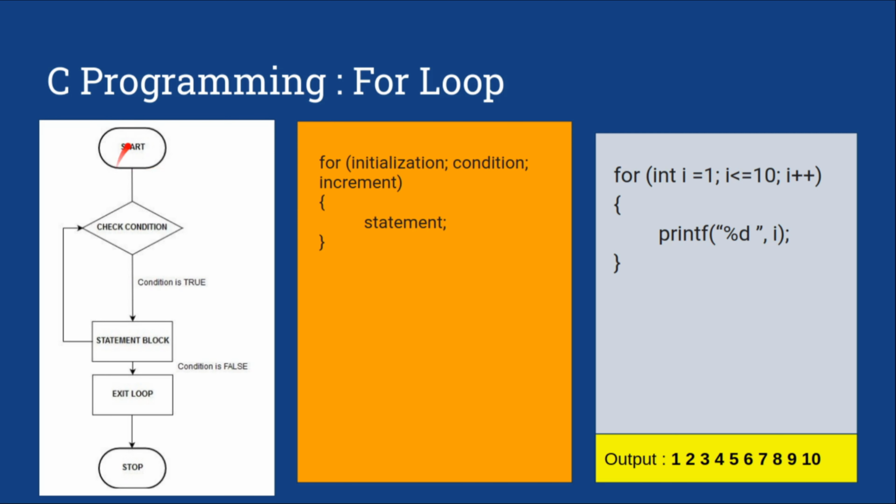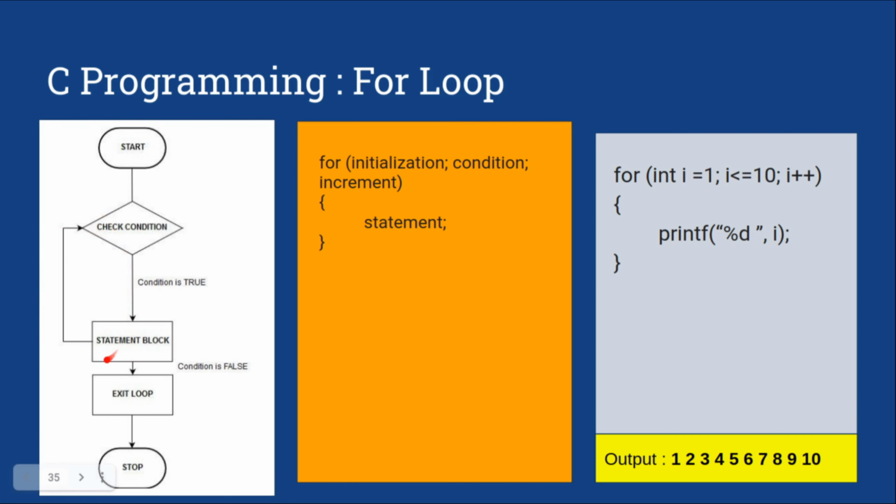So for example, we have a start of the program here. We are talking about the for loop. Here we have a condition check. We will check the condition. If the condition is true, it will execute the block and it will go back to the check again. If the condition is true, it will execute the block again and come back, so this will be a circle until the condition is false, right?